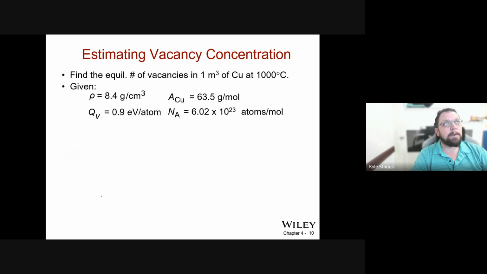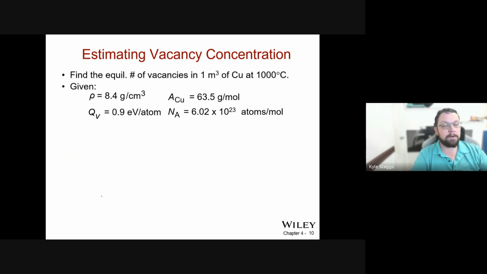So, the equilibrium number of vacancies for 1 cubic meter of copper at 1000 C, given a couple parameters. The density is 8.4 grams per cubic centimeter, the atomic mass for copper is 63.5 grams per mole, given a Q_V of 0.9 electron volt per atom.